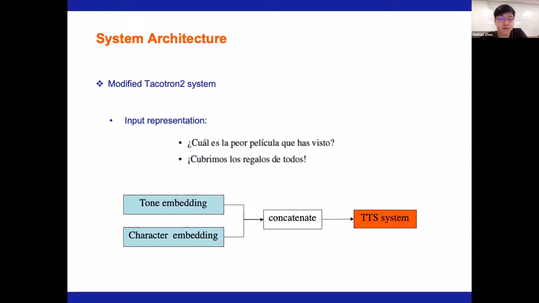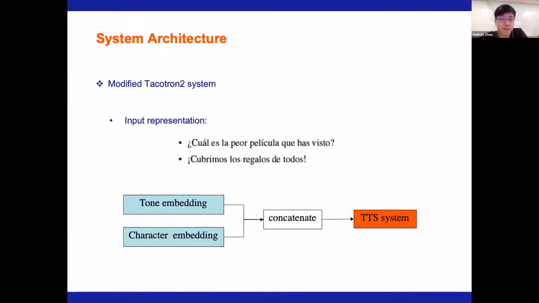Here are two sentences. We can find that the different tone symbols represent the question and the exclamation respectively. So we utilize the tone information in the input representation.